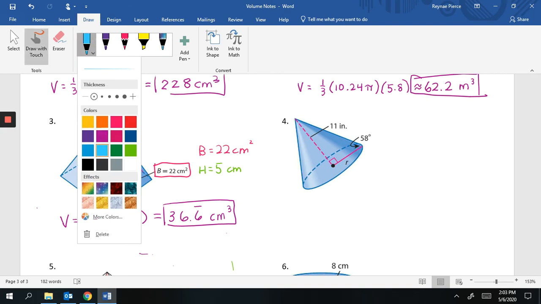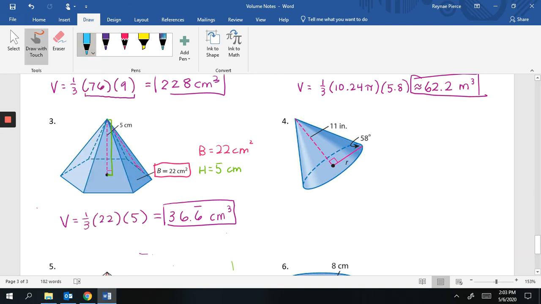Example number 4 here, we don't have a radius, but we do have an angle and we do have one side, and this is a right triangle. And so to find that radius, we're actually going to do some trig. The side opposite the 58 degree angle is our height. Adjacent to the 58 is our radius. So opposite and adjacent are going to be tangent.